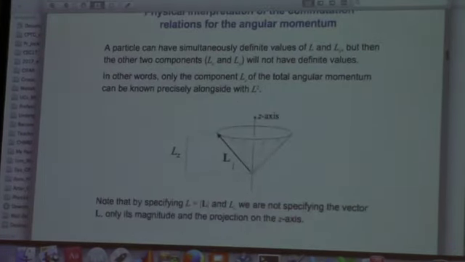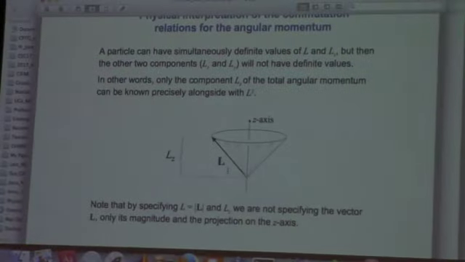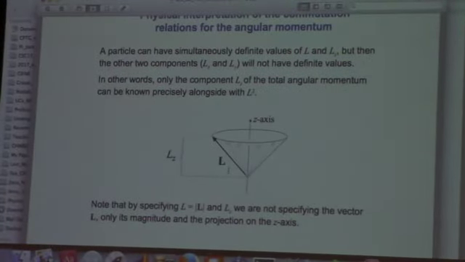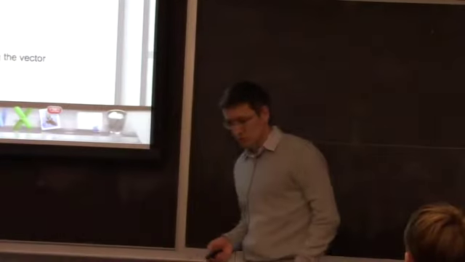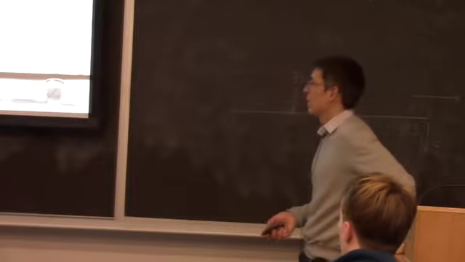And because different components do not commute with each other, we can only define with certainty one component and L squared, because these 2 operators will always commute. Now, which component? Usually, for historical reasons, people choose Lz. There is no real rationale to prefer Lz versus Lx or Ly, right?